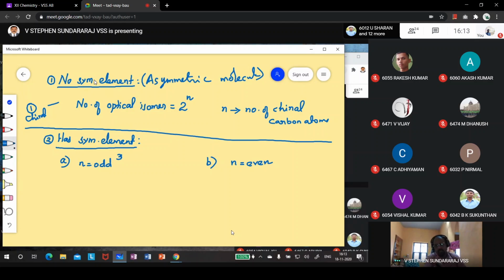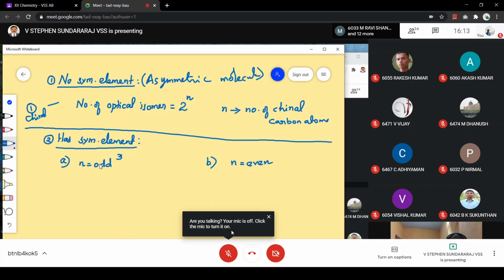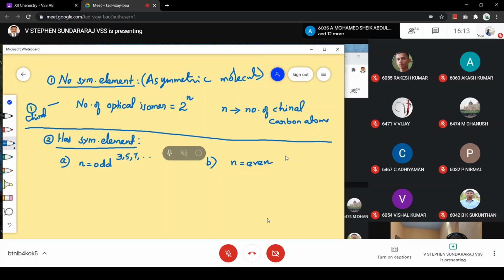Remember that: when a molecule contains only one chiral carbon atom, it will always be asymmetric. If it is 2, 3, 4, only then is there a chance for symmetry. Here odd means 3, 5, 7, and even means 2, 4, 6.